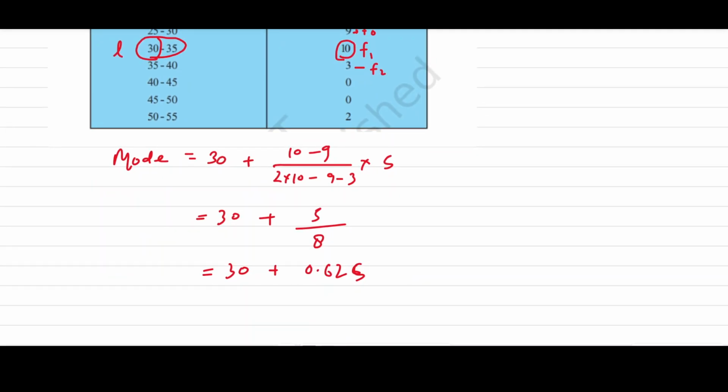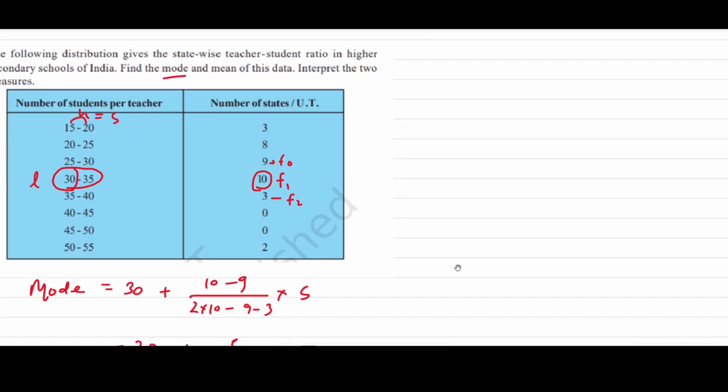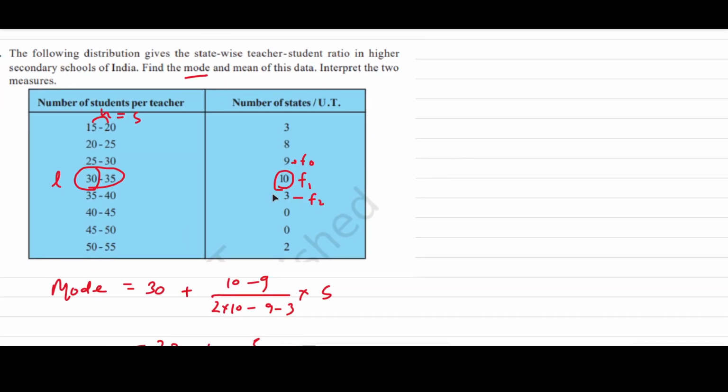So this will be 30.6. We can use 0.6 as an approximate value.